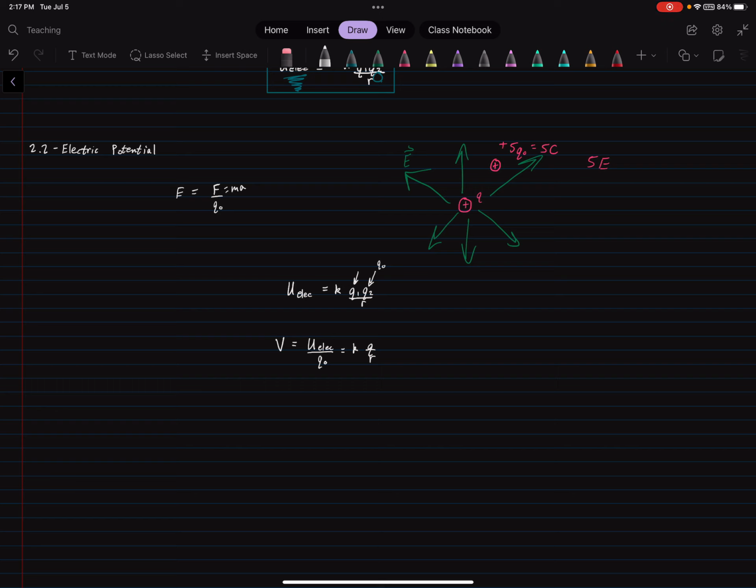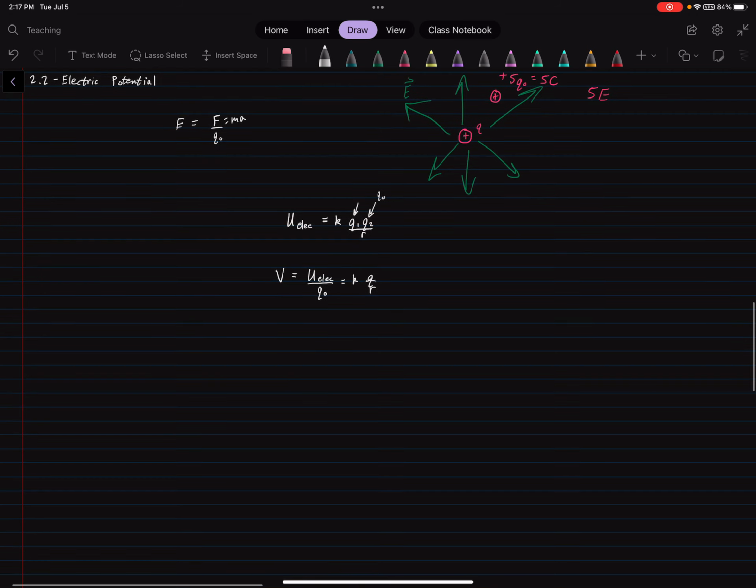But this gives us the electric potential of a point charge, in this case, irrespective of any other charge that would obtain the electric potential energy if we were to drop it in the field. So we call this simply potential, or V, with a capital V. And it turns out that this quantity in particular is incredibly useful for all things electricity.